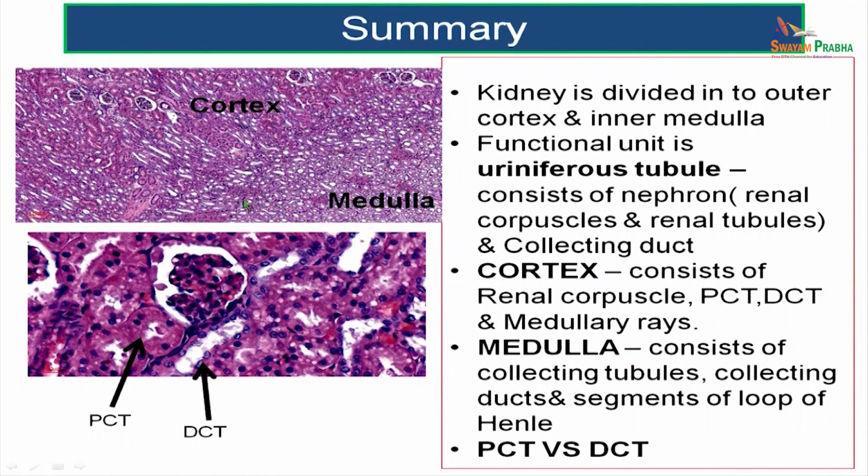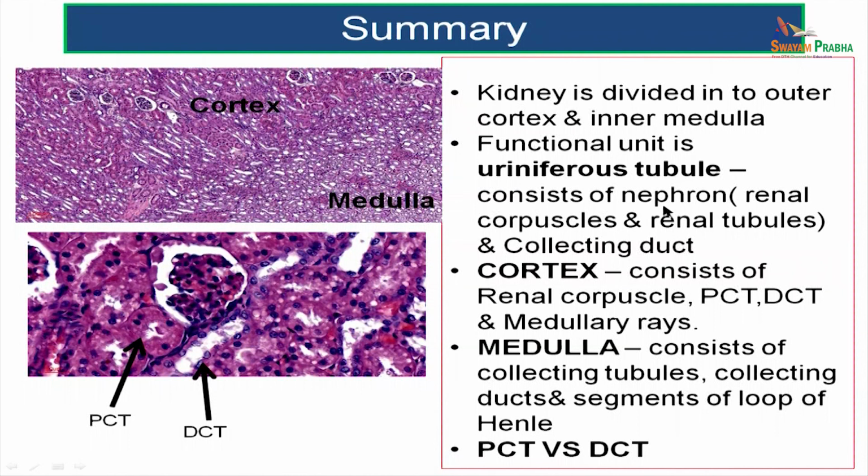So, having learnt about the various histological structures in the section of kidney, let us summarize what we have learnt in a histological section of kidney. As you can see from this picture, kidney is divided into outer cortex and inner medulla. We have seen that the functional unit of kidney is uriniferous tubule, which consists of nephron and collecting duct.